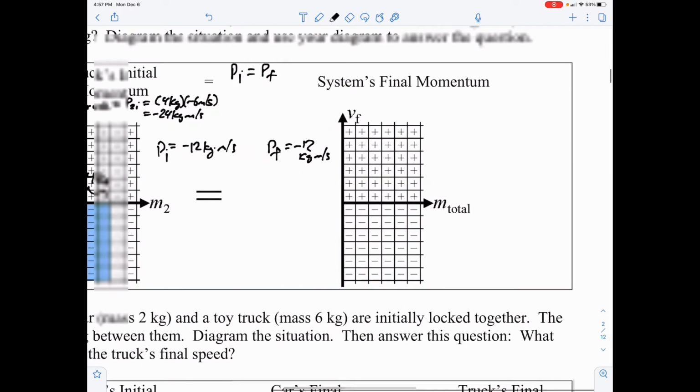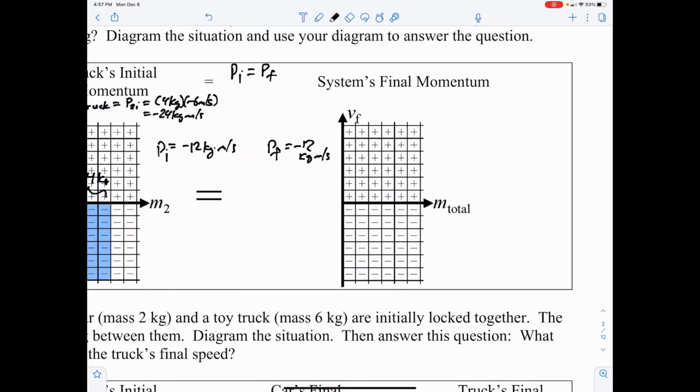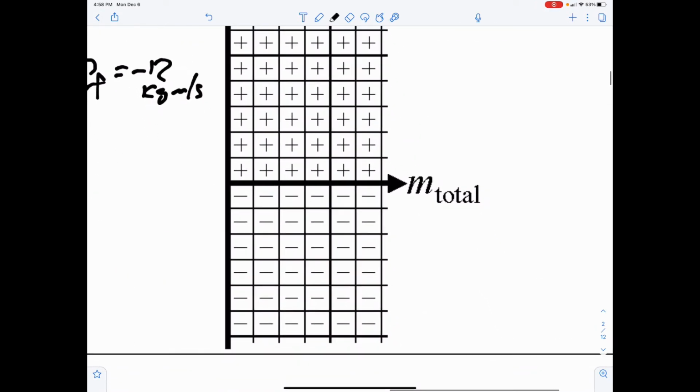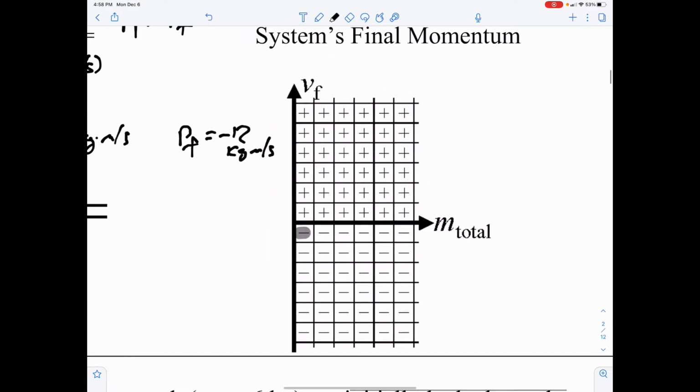Keeping in mind, of course, that the total mass has come together in terms of 2 plus 4, which would equal 6. So the total mass would be 6, and it's going to slow down because it's a larger mass, right? But it's going to have a total momentum of negative 12.